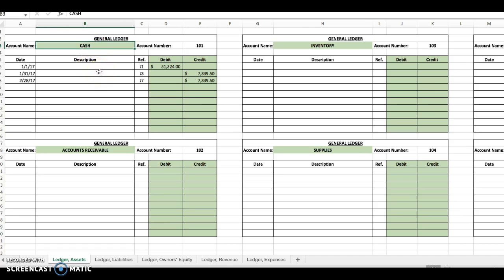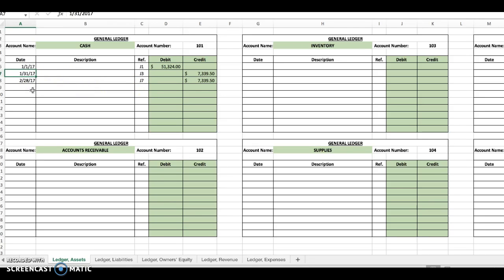But we are in March, and if we started on January 1 of 2017, and we had a debit balance, as you see there, of 51,324, there would have been a number of debits and credits throughout the months. But I'm only showing you the salary expense transactions.